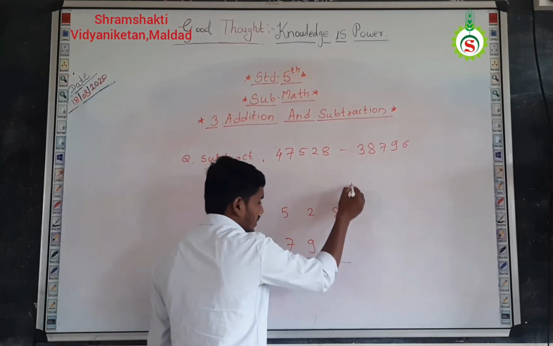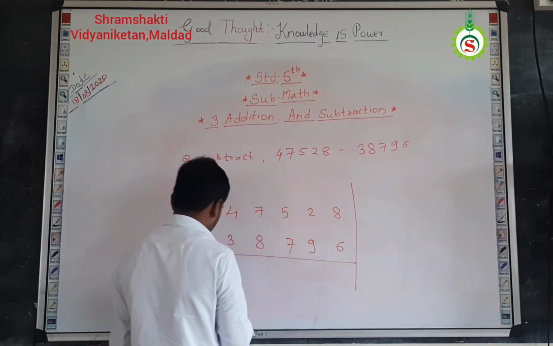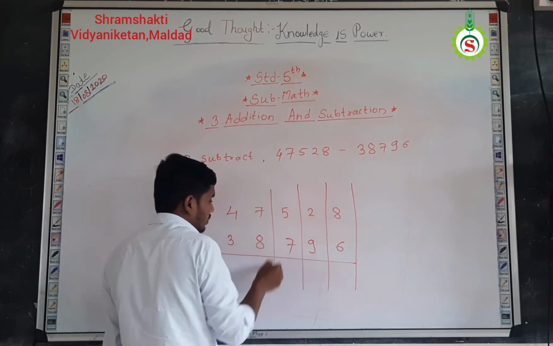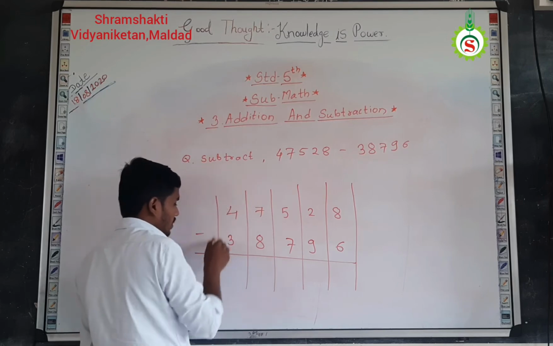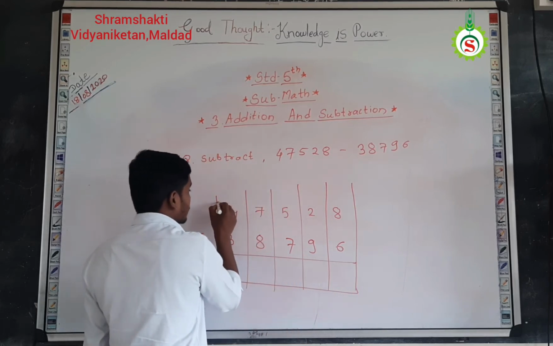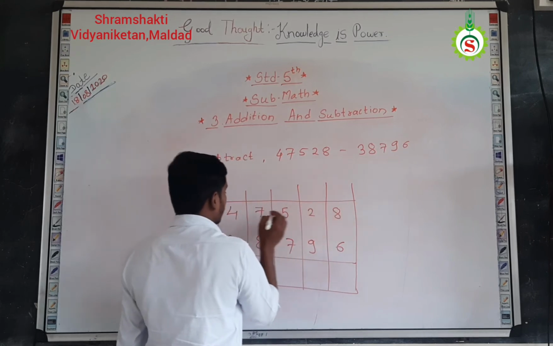Now for the subtraction, I will arrange the columns. A 5-digit number needs 5 columns, one row for the answer and one for the borrow.